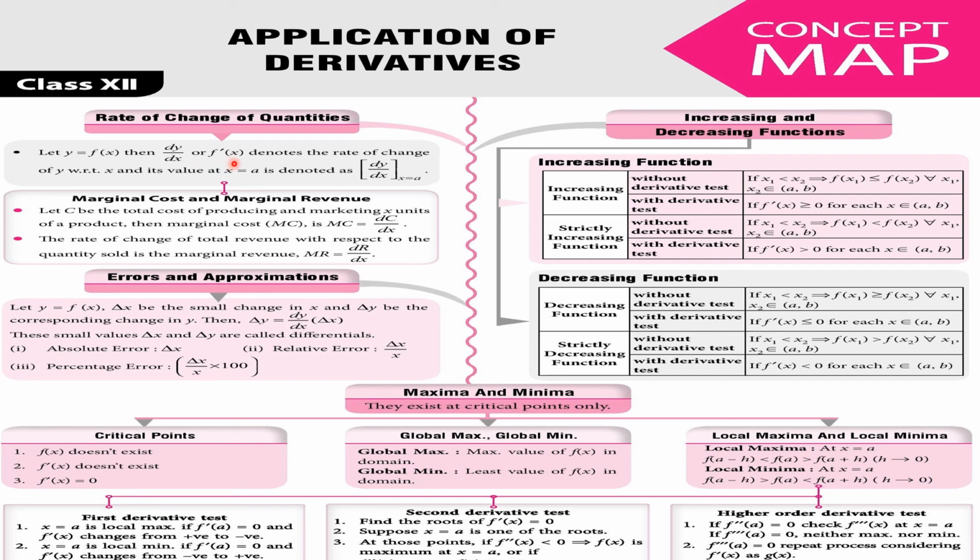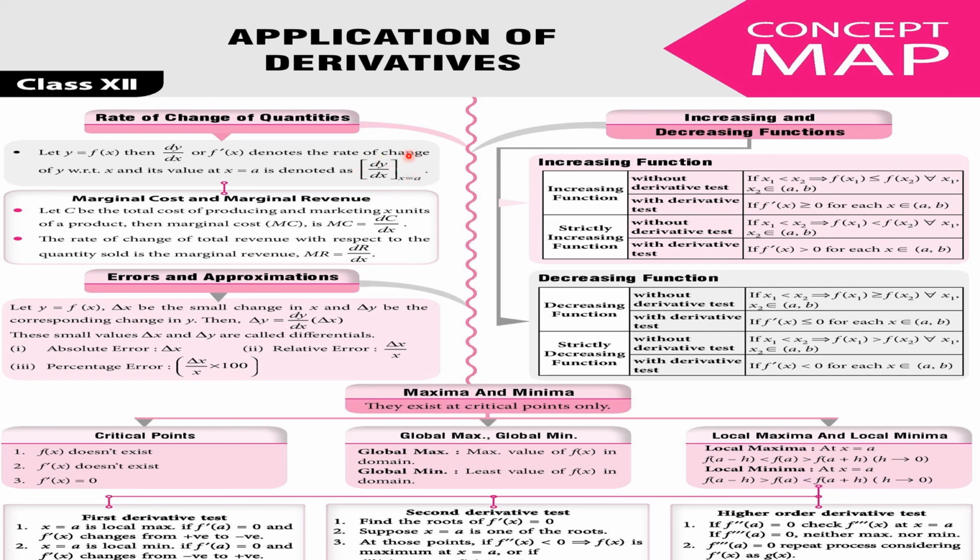You know this one. Okay, my children, dy by dx denotes the rate of change of y with respect to x. Remember this point, my children, and its value at x is equal to a is denoted by dy by dx at x is equal to a.